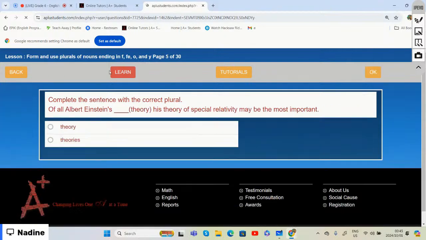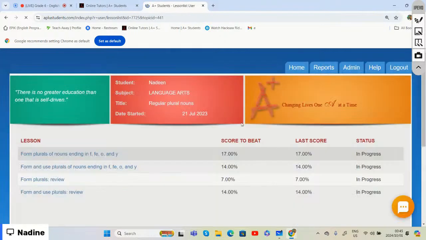All right, so this is now the end of our lesson on regular plural nouns, right? In our next lesson, we will continue on regular plural nouns. We will form plurals as well as form and use plurals. But for now, regular plurals is where we have, for example, two or more nouns.